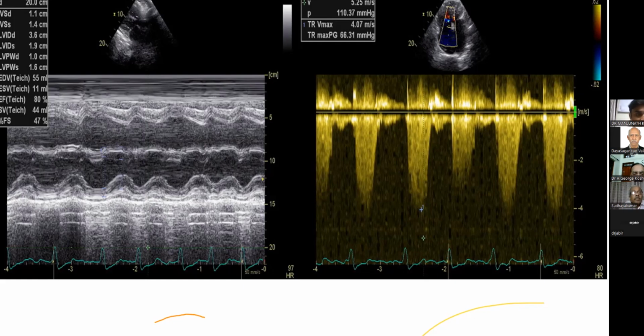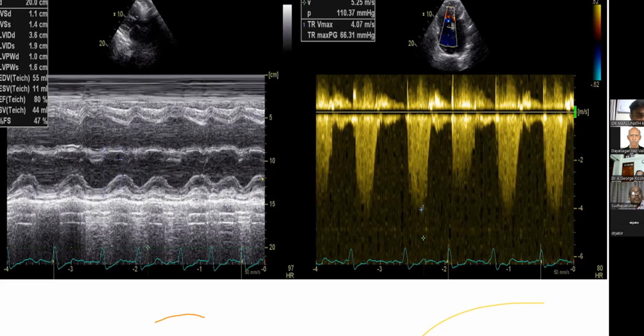Is it normal motion or abnormal motion? It's not normal motion, sir. What is it like? It's almost like a flat. Not flat. So what do you call that? What is happening in diastole and in systole? What is happening to the LV posterior wall in systole? It is moving anteriorly.